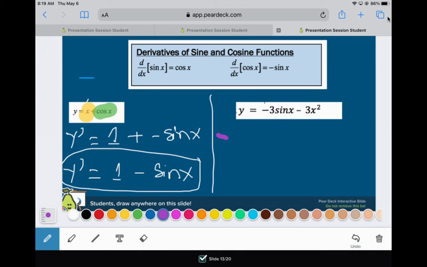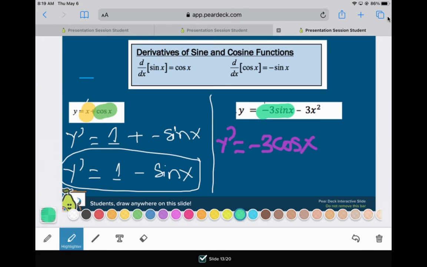Hold on, I'm writing too big. Okay. So this one is the one that we looked at, y prime, negative 3 cosine x, okay? Now, I'm just going to do the second part, which is negative 3x squared.